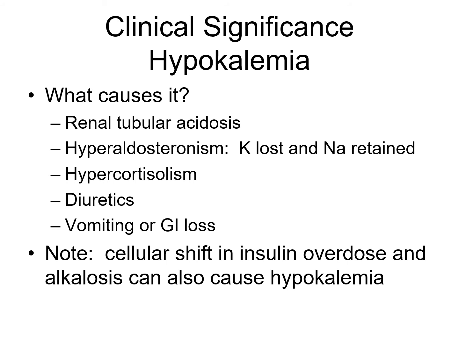What about hypokalemia? These are the different causes of hypokalemia, or low levels of potassium in the blood. Renal tubular acidosis, could be because of diabetes, hyperaldosteronism, the opposite, retention of sodium, hypercortisolism, too much of the cortisol that is produced by the adrenal cortex, diuretics, the intake of certain diuretics.